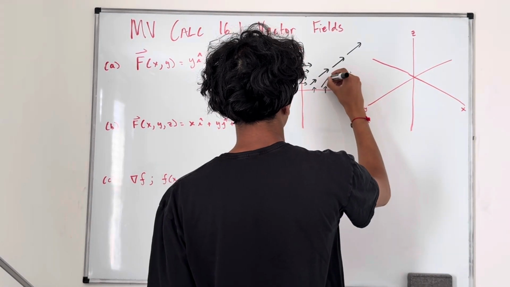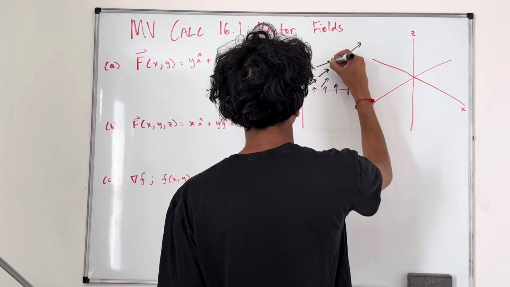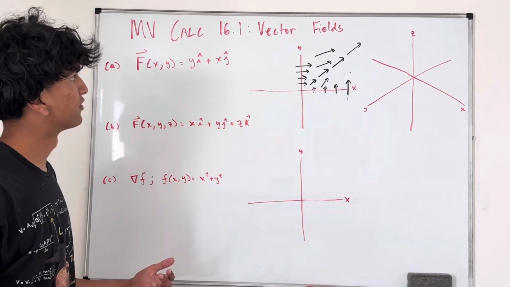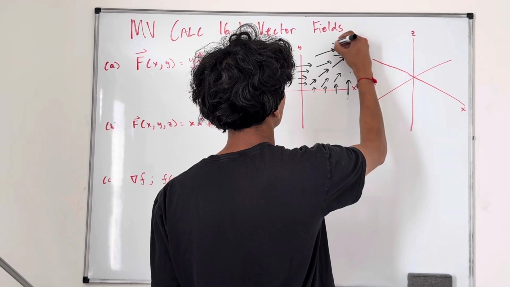So it would be something like this, and then you would get something more like this, and then you get this sort of vector field going. So it would kind of look like this.